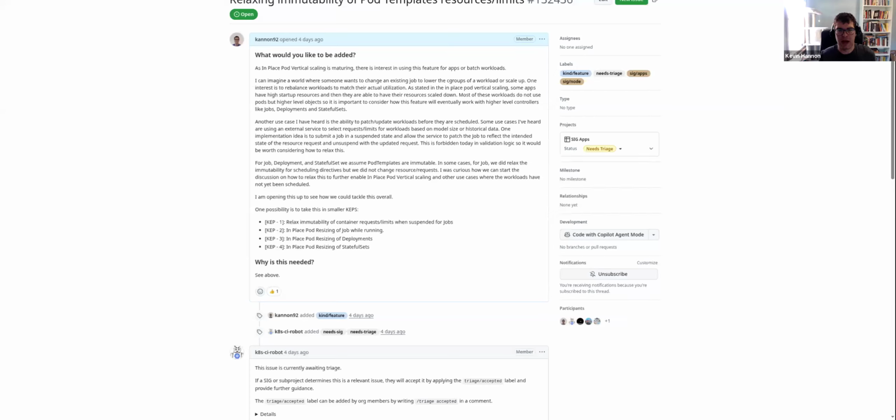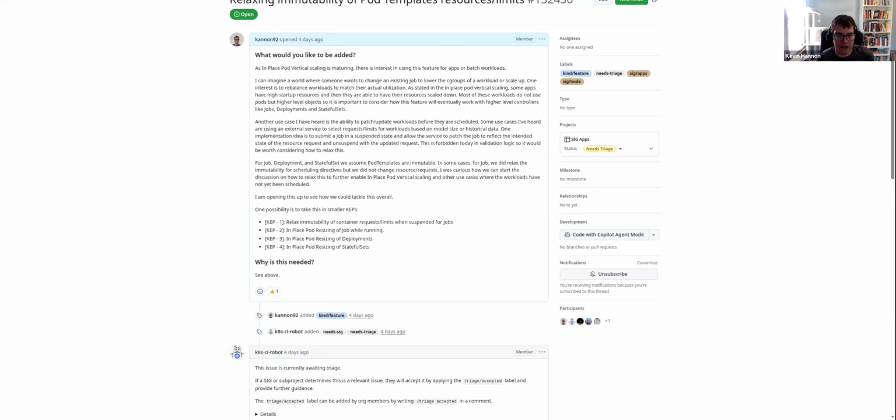Right now, we assume pod templates are immutable if a workload is using them. So I've been thinking about how we want to tackle this work going forward, now that in-place pod resizing is beta.